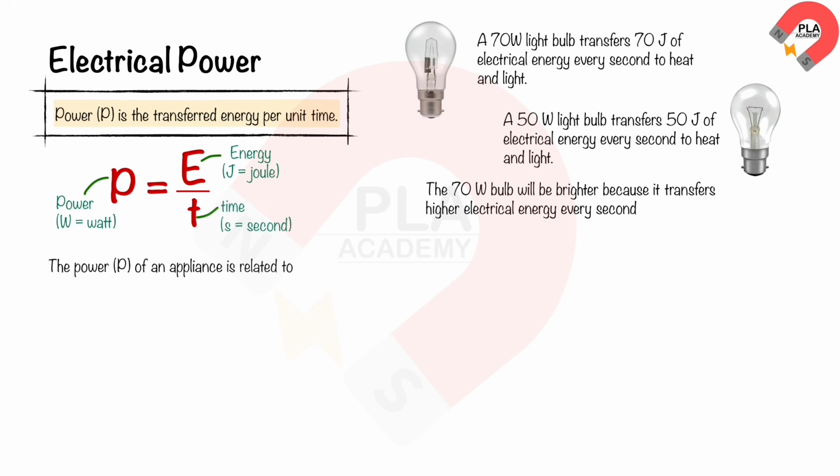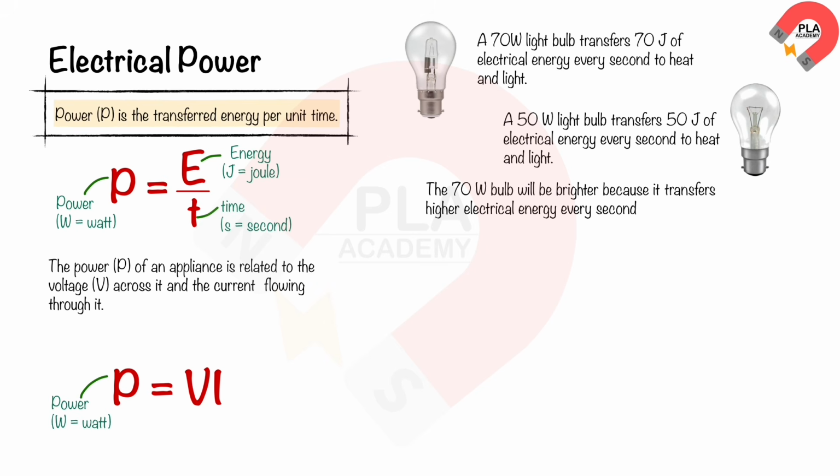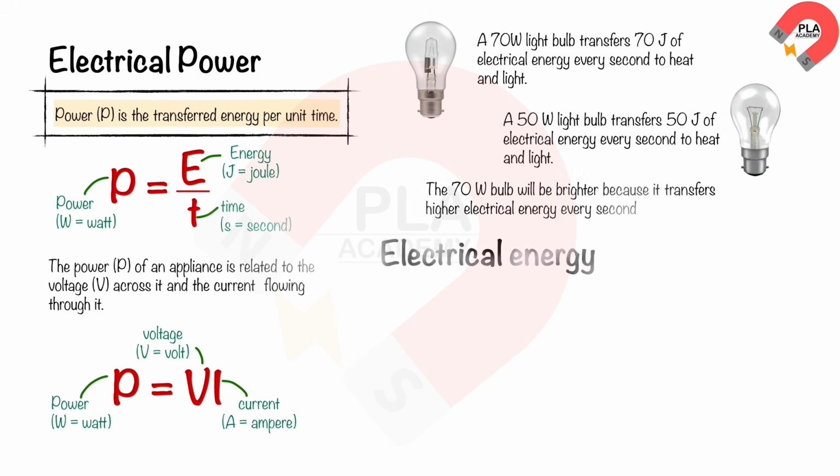The power of an appliance is related to the voltage across it and the current flowing through it. We can write the equation as P equals VI, where P is the power in watts, V is the voltage in volts, and I is the current in amperes. Electrical energy.